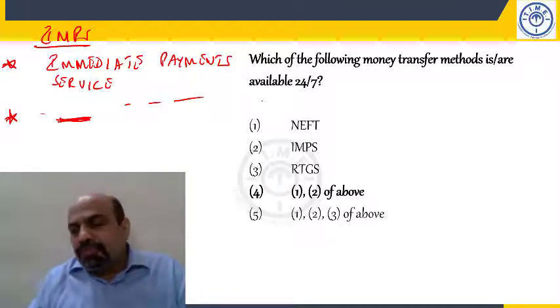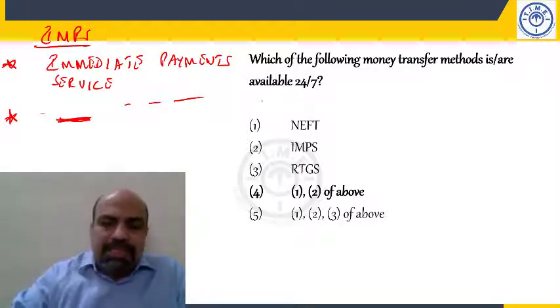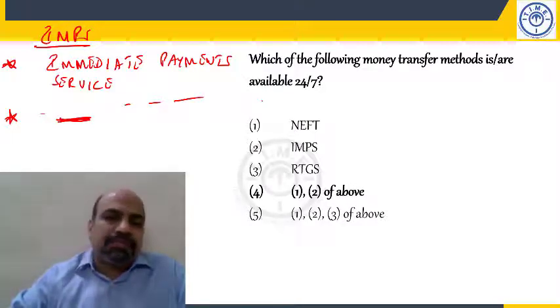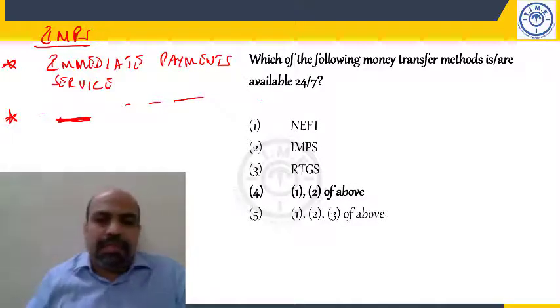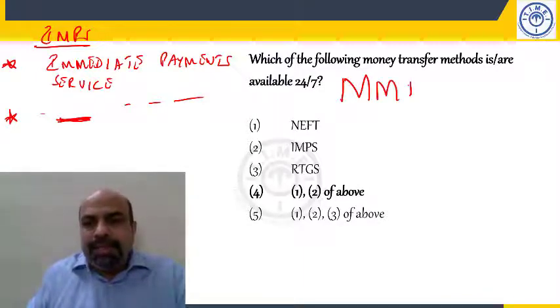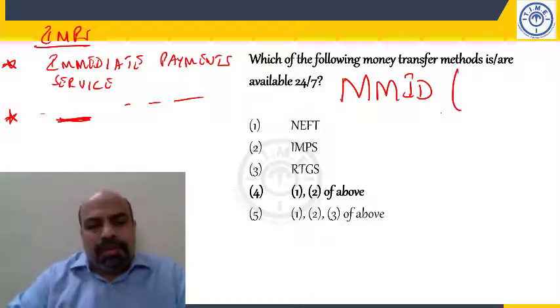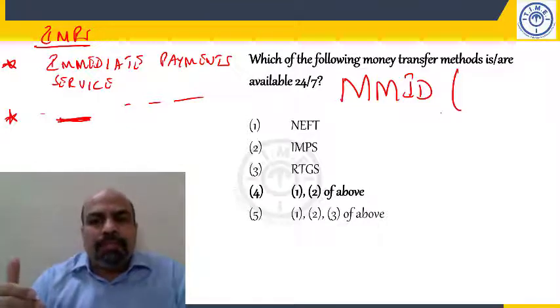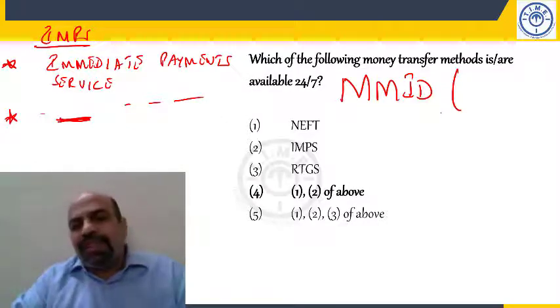One just needs to enter the beneficiary's MMID. Write it in short first. MMID in brackets, Mobile Money Identifier.